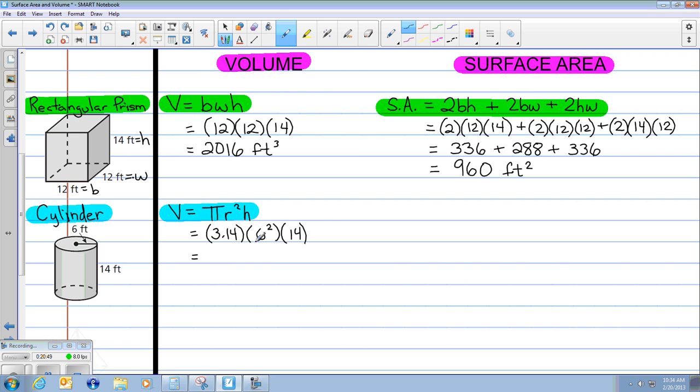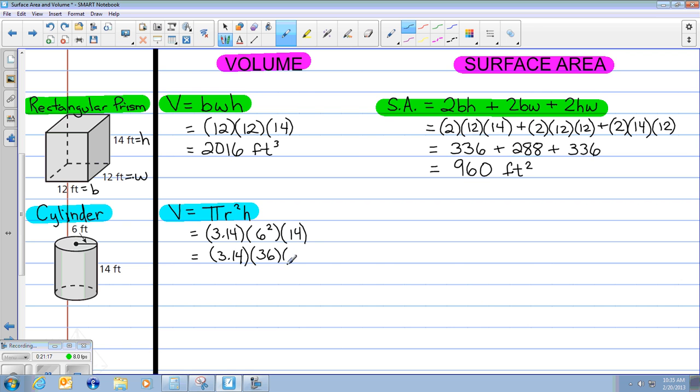Okay, and we really know that 6 squared, remember we have to do our parentheses first. We don't have anything in the parentheses. Well, this is sort of in the parentheses, but we would have to take care of this exponent before we multiply. Exponents come before multiplying. So I'm going to just bring this down. 6 squared is actually 36, because remember, it's not 6 times 2, it's 6 times itself.